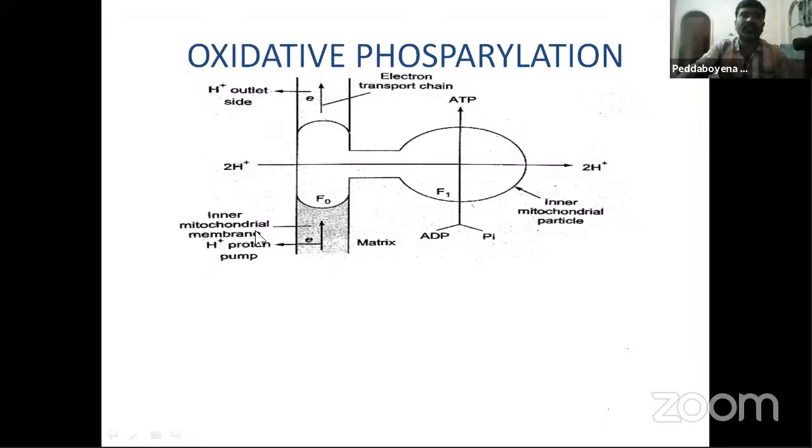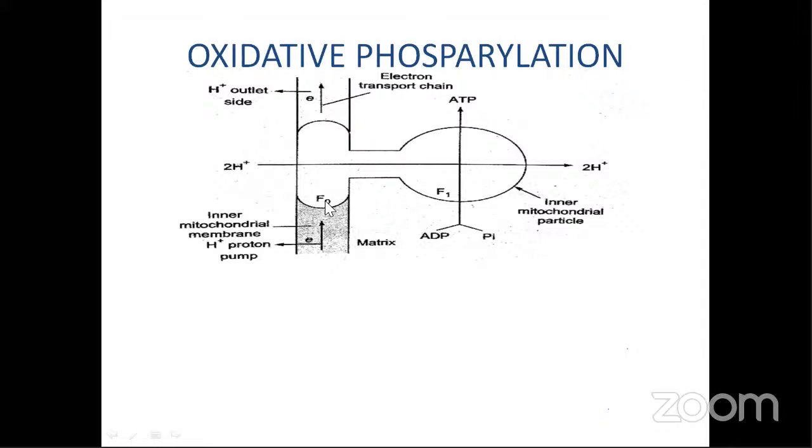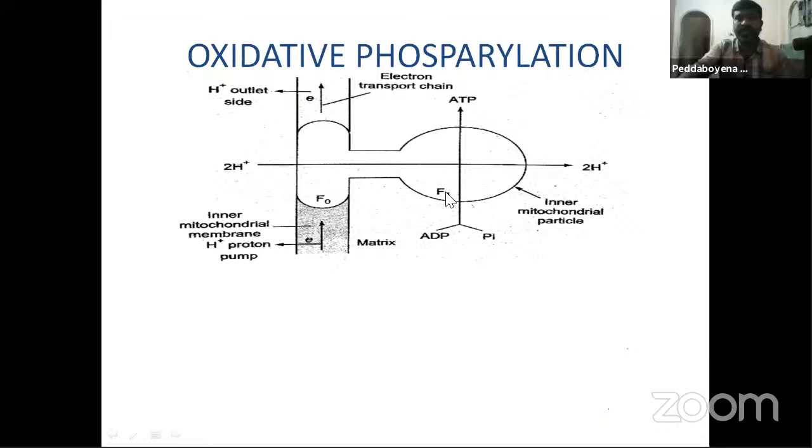The proton gradient is high in the inner mitochondrial membrane space. In the matrix side, there are the F1 particles, called ATP synthetase. It consists of two parts, the F1 part and the F0 part. The F0 part is the stalk part, and the F1 part is called the head part.